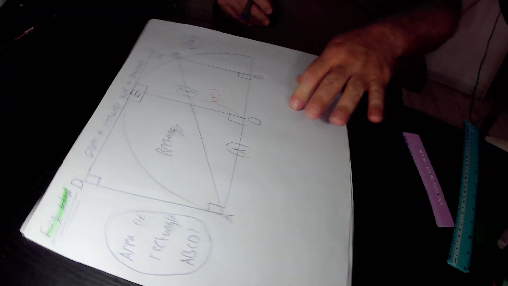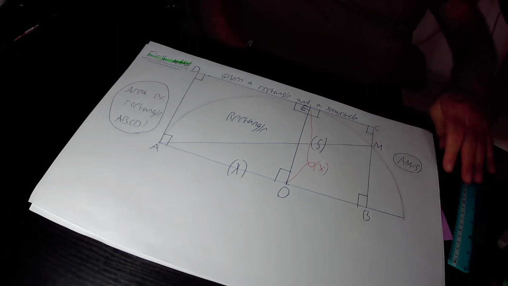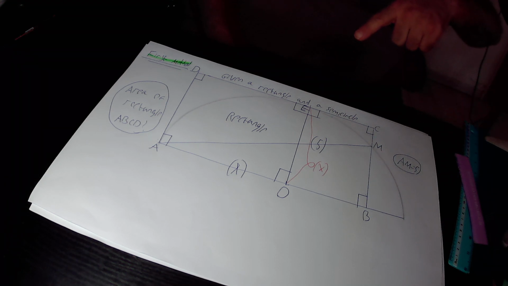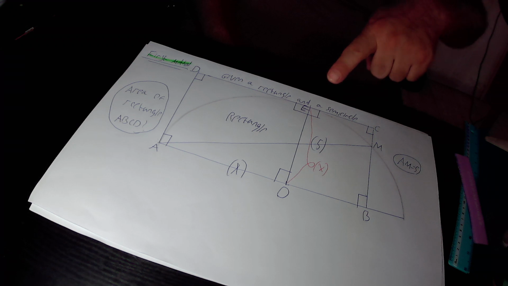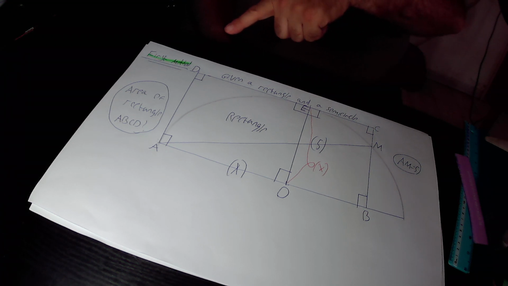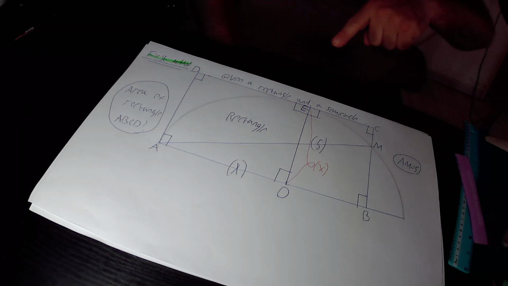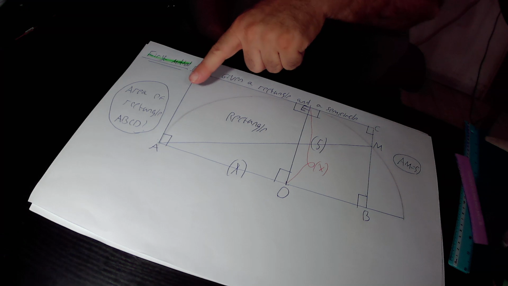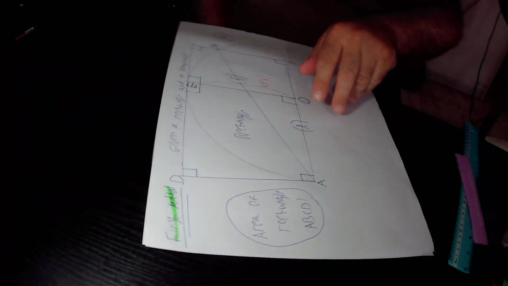We also know that the opposite sides of a rectangle are equal to each other. So in rectangle DEOA, side EO must be equal to the opposite side DA. But EO equals x, therefore the opposite side DA must also be equal to x units in length.